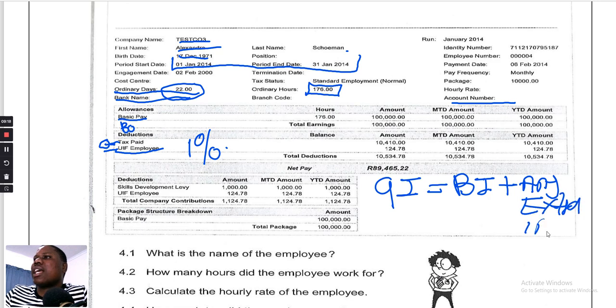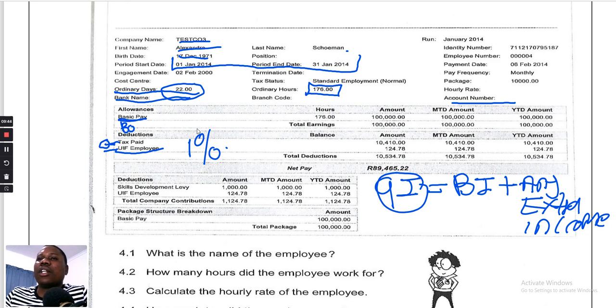In this case, we don't have any extra income, meaning that our basic income becomes our gross income. Extra income, what am I talking about? I'm talking about the bonus. A bonus is an extra income.